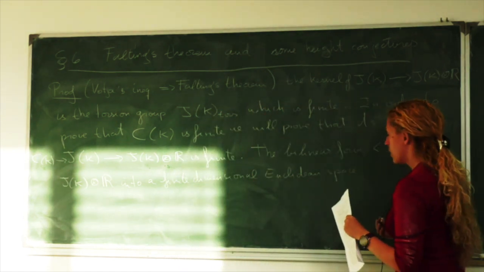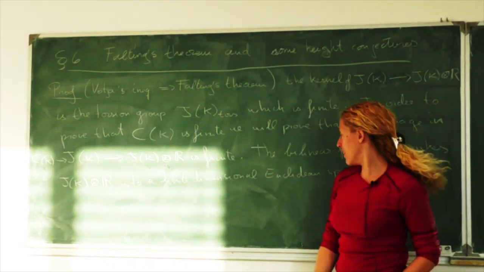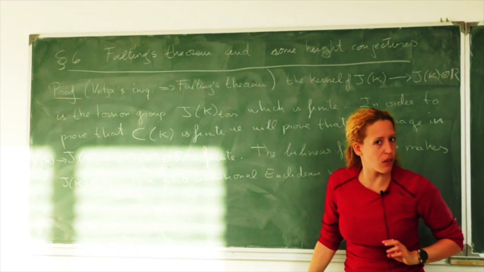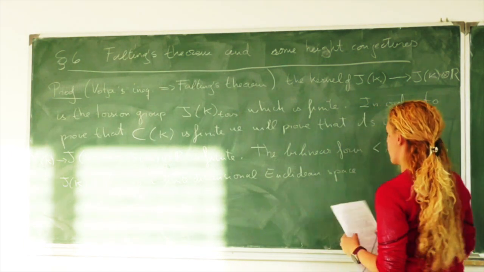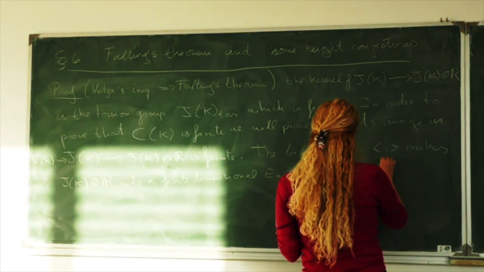Right? Why do we know that this is a finite dimensional Euclidean vector space? Because it is finitely generated. I mean, this is the Mordell-Weil theorem. This we know. Okay, so we have this Euclidean space.